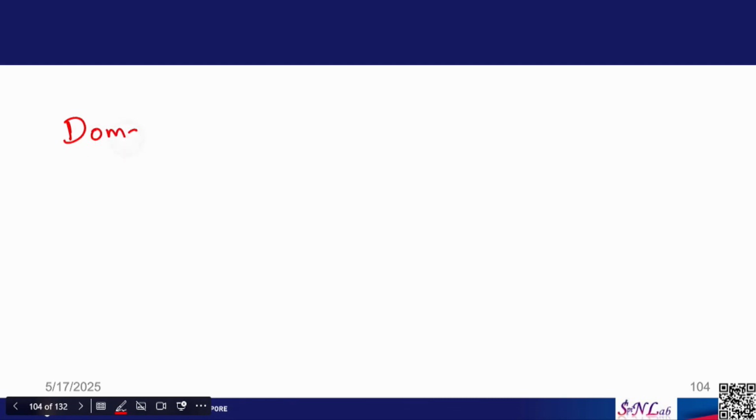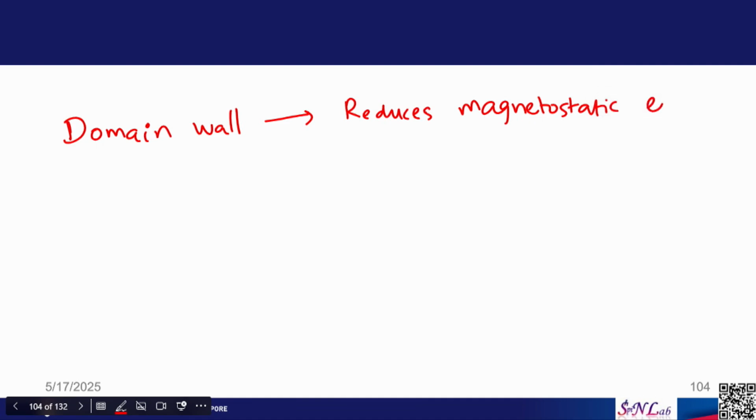So, when the system forms domains and domain walls, the system reduces magnetostatic energy. This we have already learnt.